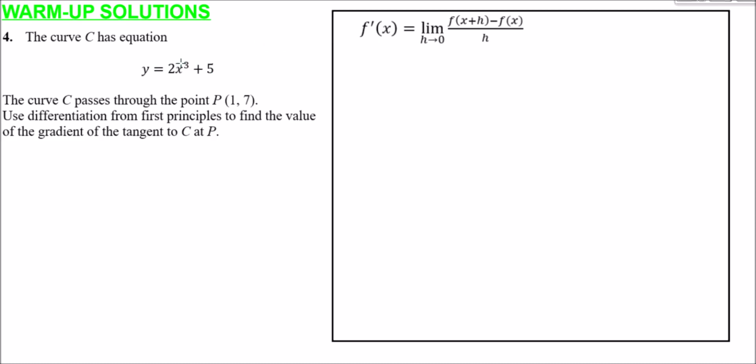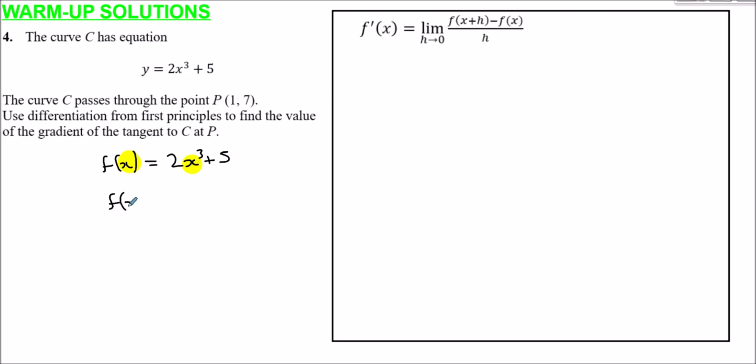So here, our f of x, we just basically take the input. f of x is 2 lots of the input cubed, so input cubed, multiplied by 2, plus 5. So f of x plus h is going to be, this is where people can get confused as well, so we call f of x 2x cubed plus 5, so essentially our input goes there.